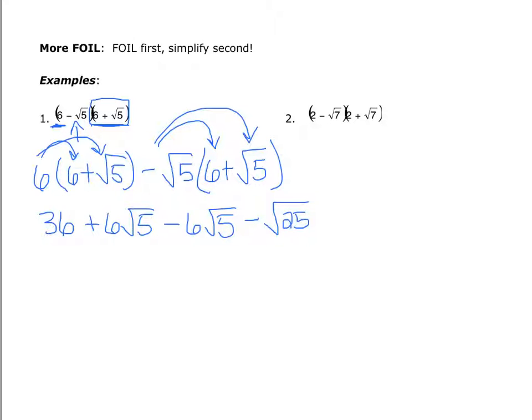To clean this up a little bit, the plus 6 radical 5 and minus 6 radical 5 will cancel out to 0 if you add them. The 36 will come down, and radical 25 is just a 5. And I can subtract those two and get 31.